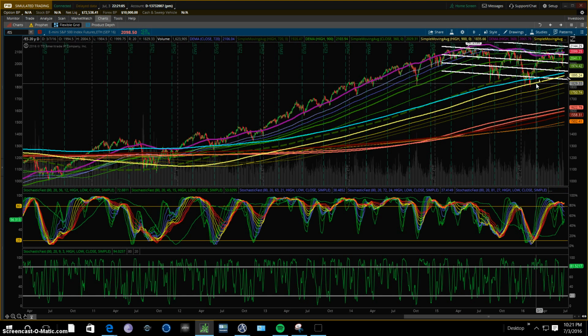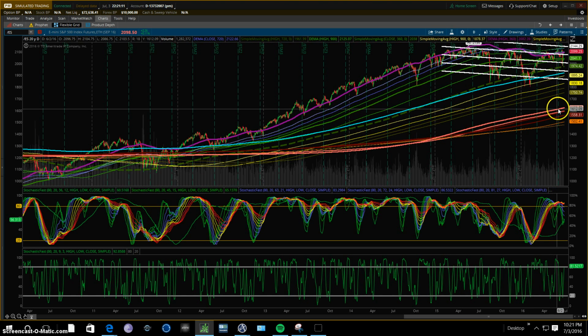Or market wants to keep screaming higher, and eventually these moving averages will come into play. And when they come into play on the daily chart, that's why you're talking retirement investment right there. At least for the next decade, because it isn't such a big chart.